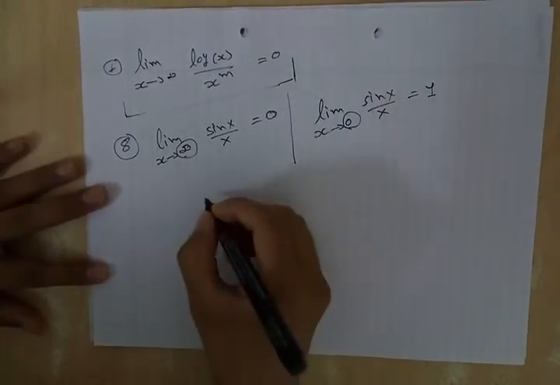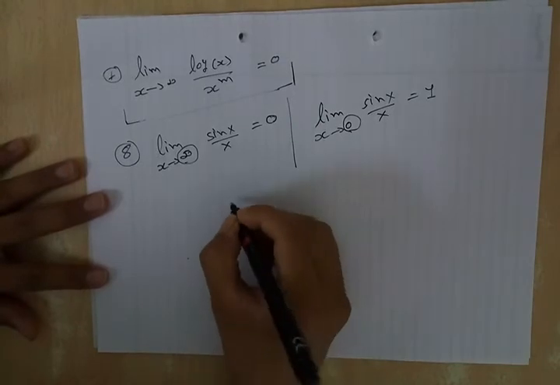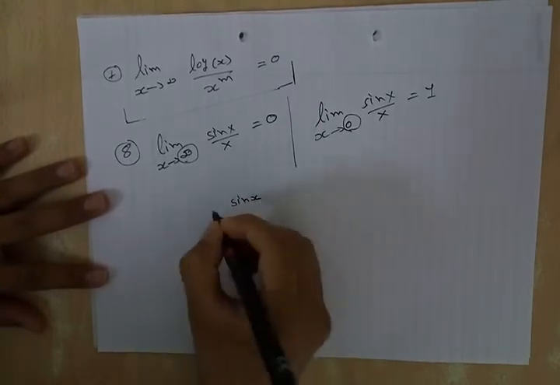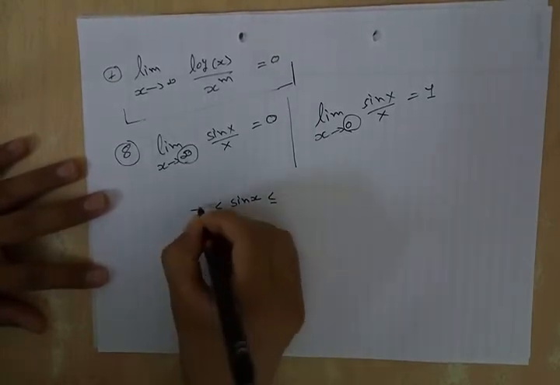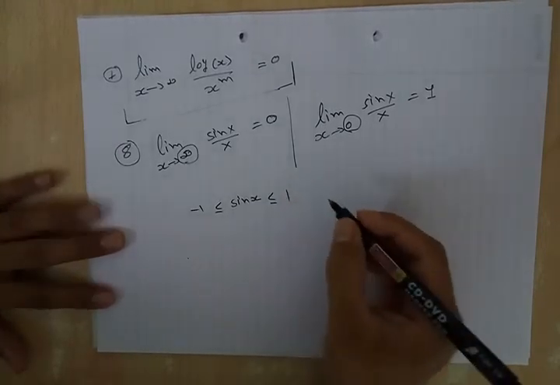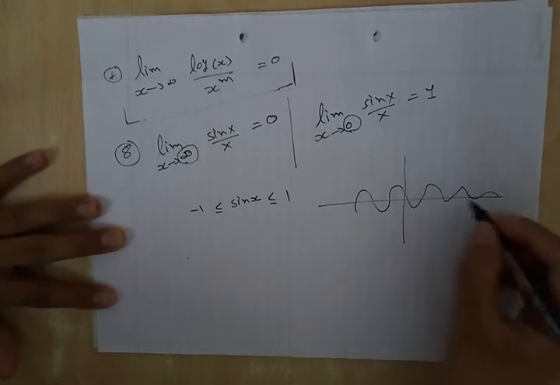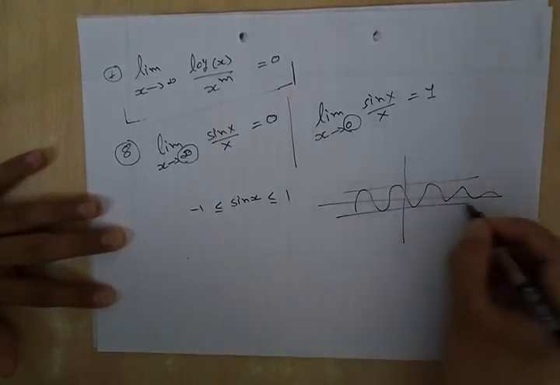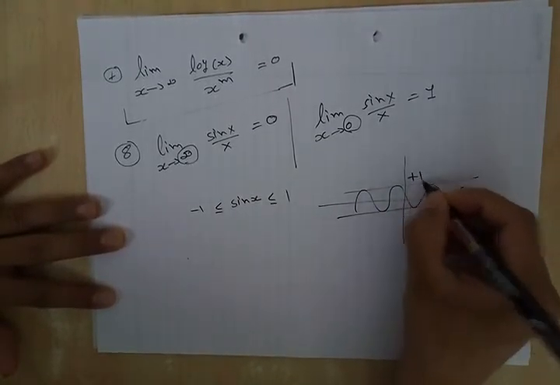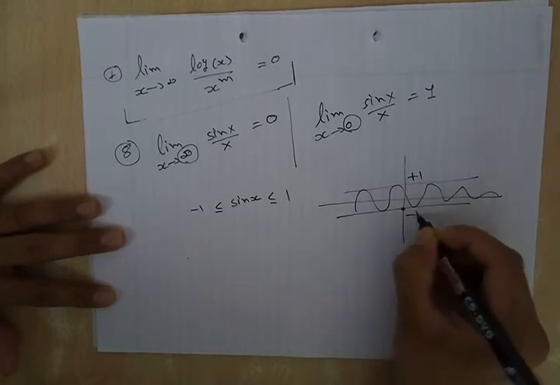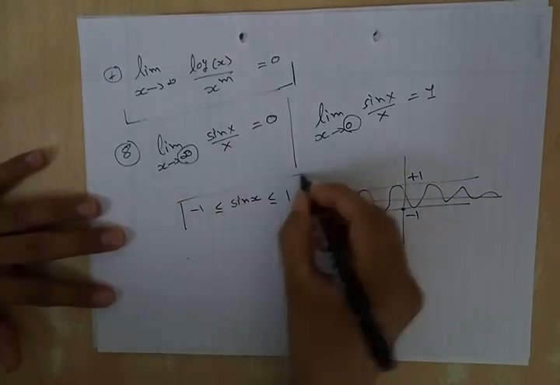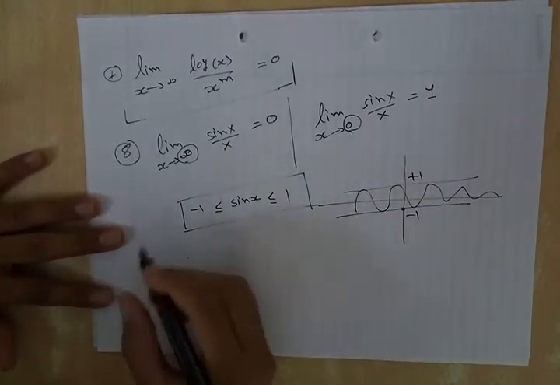Now we can prove this result using the sandwich rule. The function sin x has a range of -1 to 1. This is because if you plot the graph of sin x, then its maximum value is +1 and minimum value is -1. So the value ranges between +1 and -1.